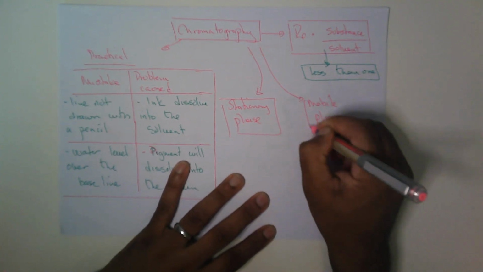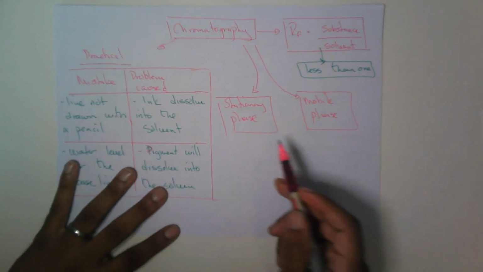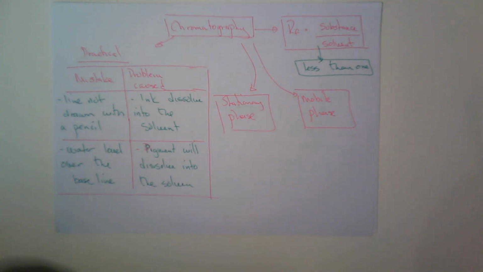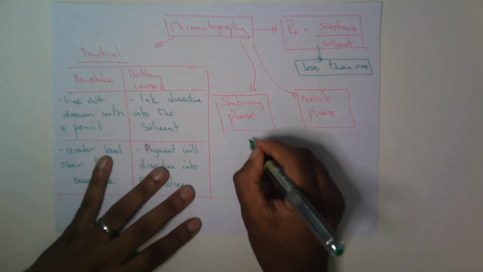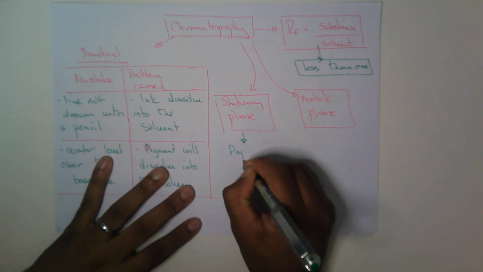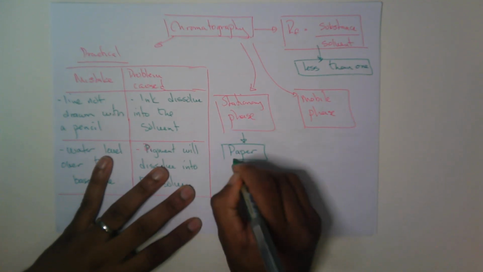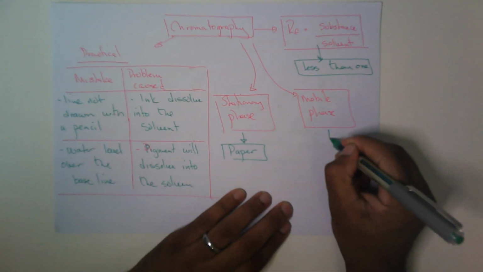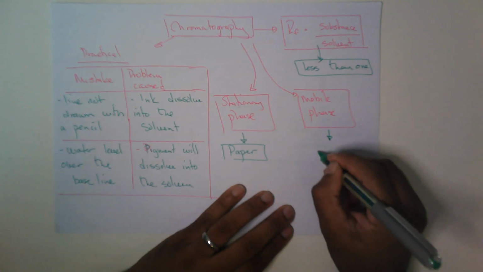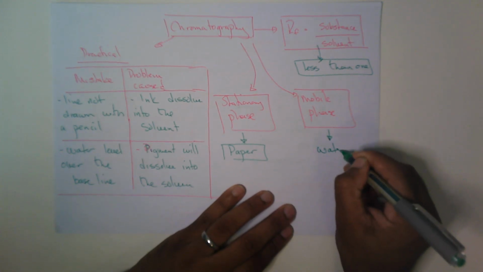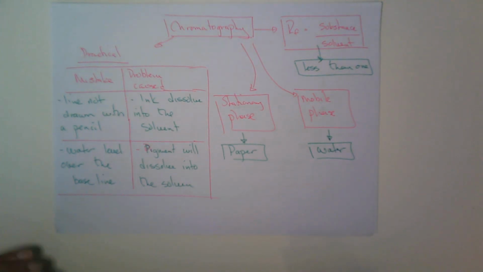So what is the mobile phase and what is the stationary phase? Now the stationary phase is the phase that doesn't move. Most of the time that is the paper, the chromatography paper, and the mobile phase is usually the solvent, so often that is the water itself. So the water basically carries the pigment up the paper.